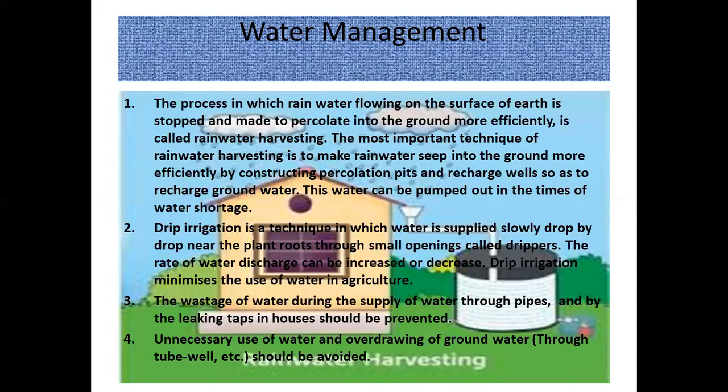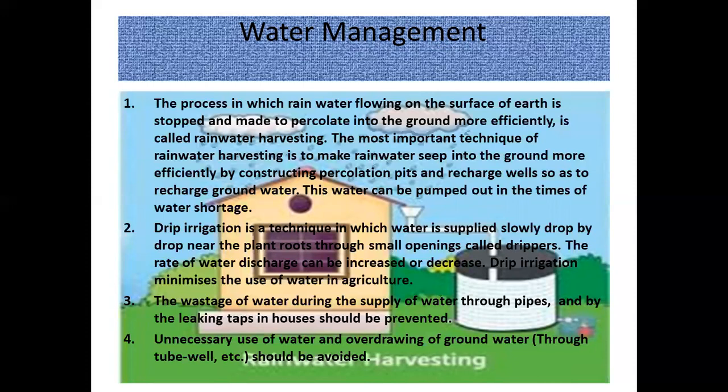Now, I am going to start a very important topic, why the management of water is very essential, that is, how to manage water so that water can be saved for future generations. As you all know, if we do not use water carefully, a day will come when you can see water only in your tears.